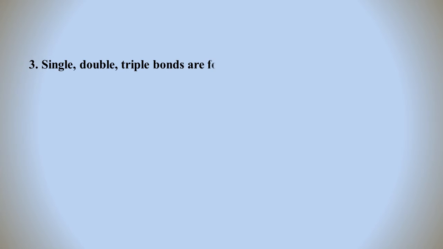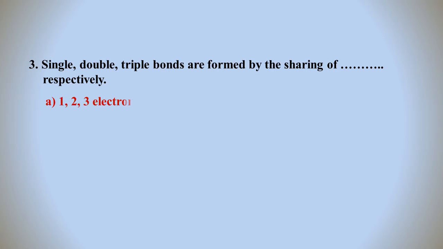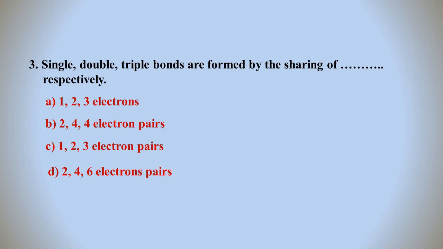Question number 3 says that single, double, and triple bonds are formed by the sharing of what, respectively? 1, 2, 3 electrons; 2, 4, 4 electron pairs; 1, 2, 3 electron pairs; and 2, 4, 6 electron pairs. Please note we have different meanings for sharing.